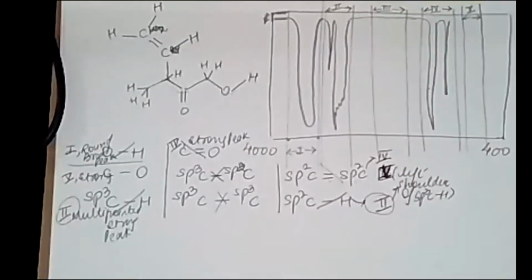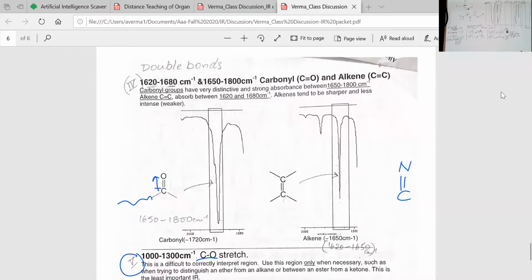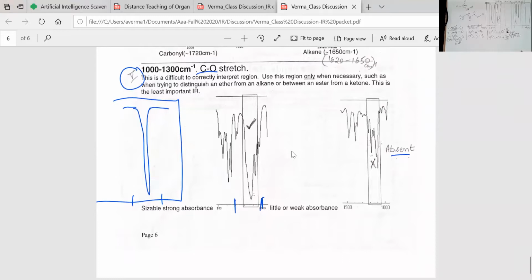The last peak that we see is the strong C single bonded O. We know it appears in region 5. We know it is going to be strong, but how strong is it going to be? So when we look at region 5, you do not have to draw all of these unnecessary peaks. You do not have to draw like this.